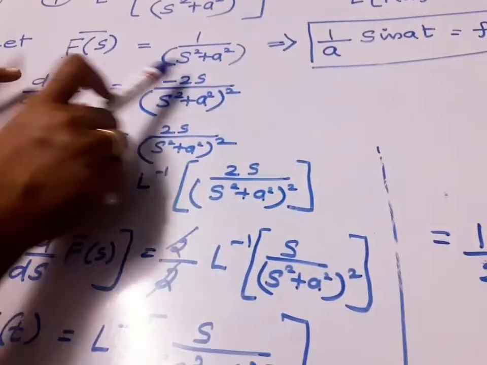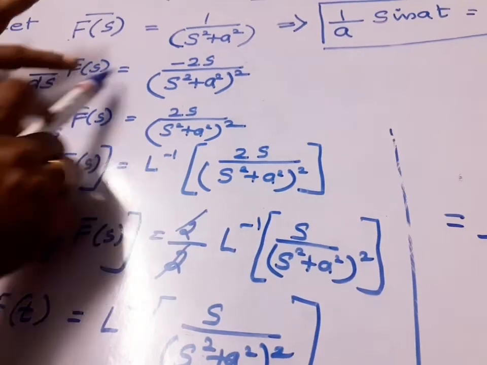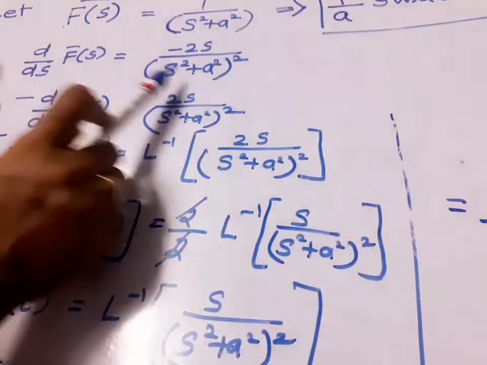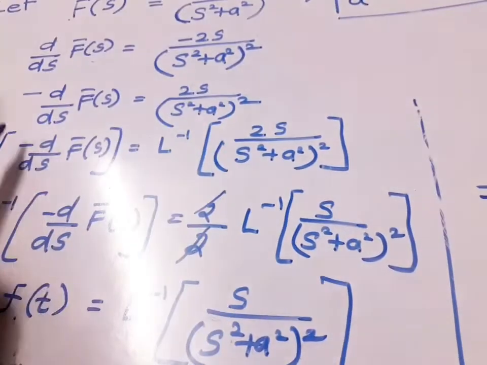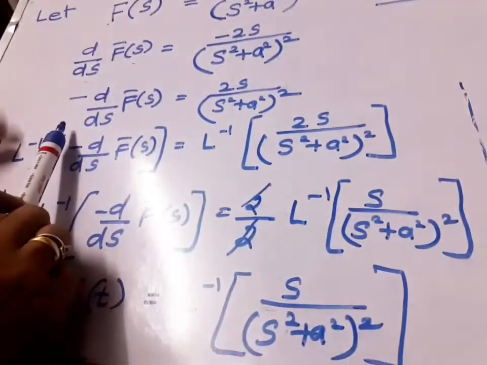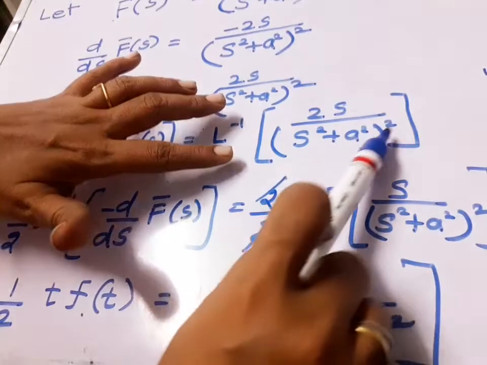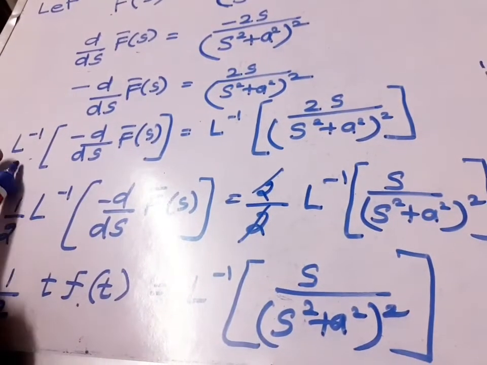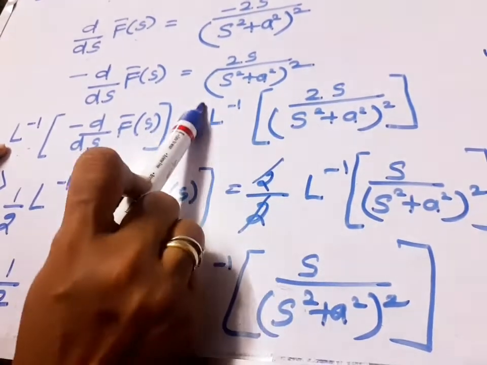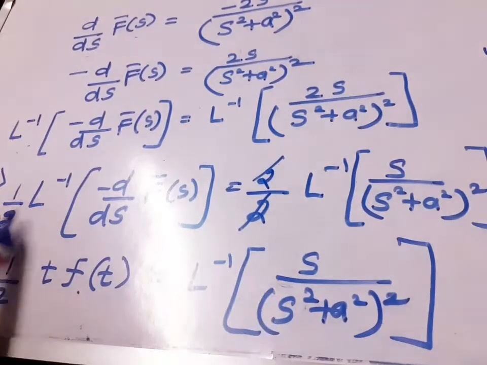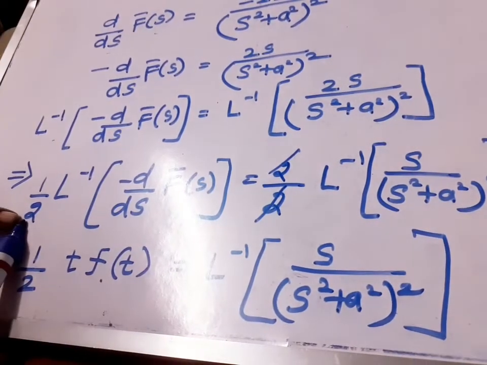After differentiating this with respect to s, d by ds f bar of s, we get this. I am multiplying minus on both sides and then taking L inverse on both sides. Because we have 2 here, I am taking 2 outside and dividing 2 on both sides. This 2 will get cancelled, this 2 remains the same.